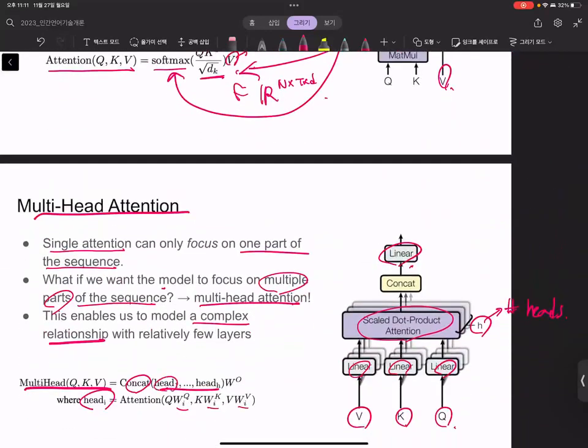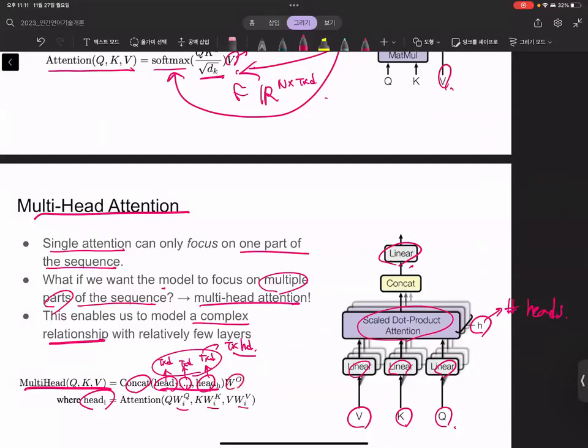Then head 1 is T by D, head 2 also T by D, head H is T by D, so then this is T by HD, right? So this is a very large tensor. So there are two approaches to make this correct.